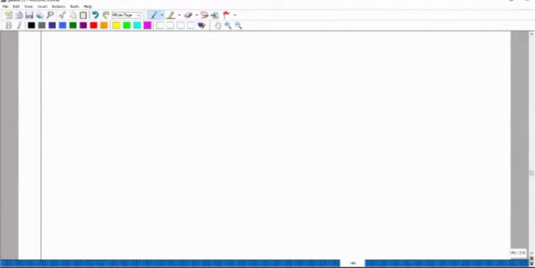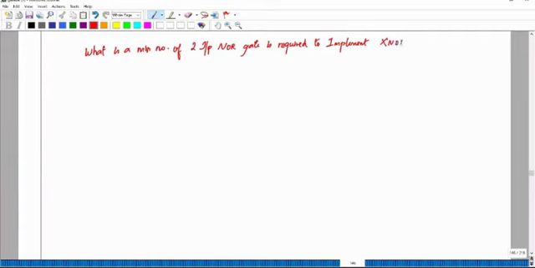Suppose the question is what is the minimum number of 2 input NOR gates required to implement XNOR gate? So we know the answer is 4.